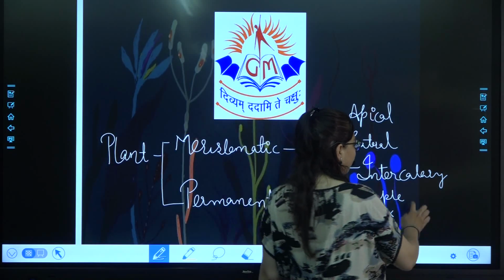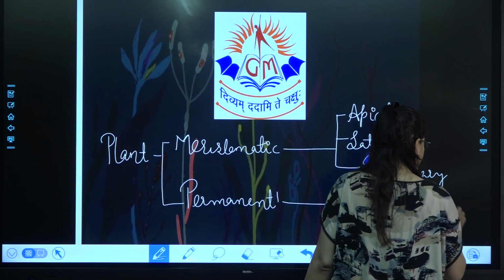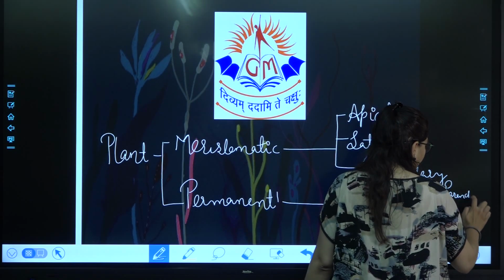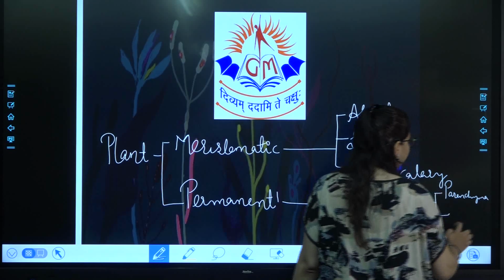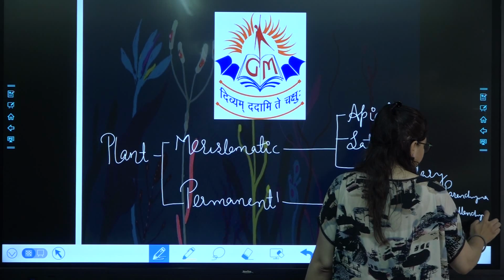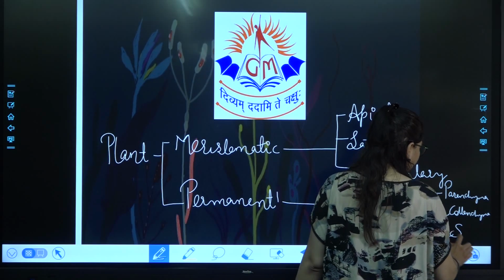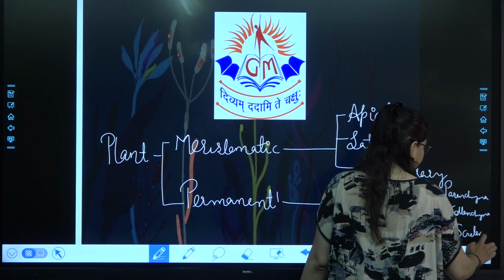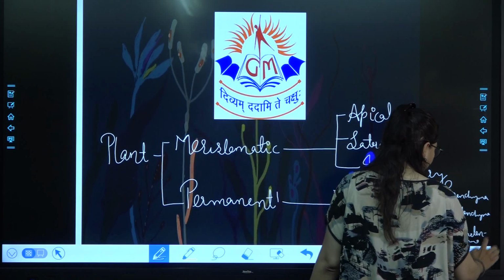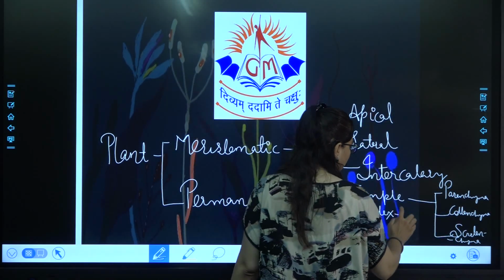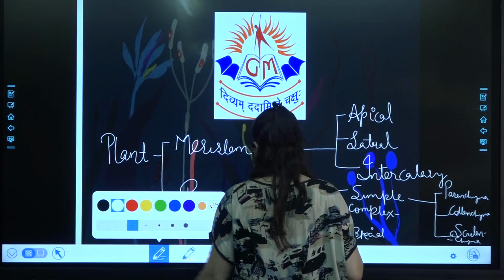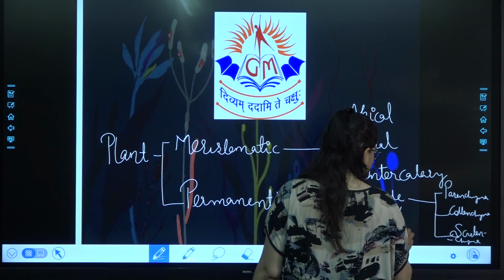Simple tissue is of three types: parenchyma, collenchyma and sclerenchyma. While complex is of two types, that is xylem and phloem.